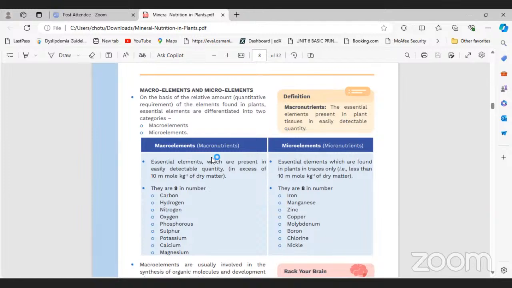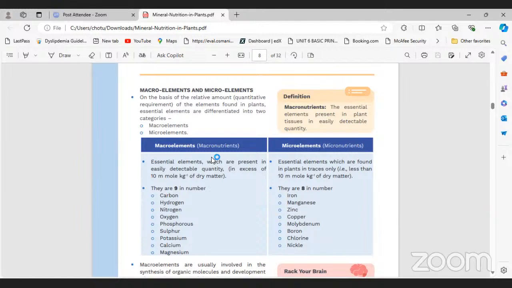These are the 9, plus here 10. Eight are the micro: iron, zinc, manganese, boron, molybdenum, chlorine, nickel. Remaining others, you can learn by heart. These 10 are the macro. These 8 are the micro elements.